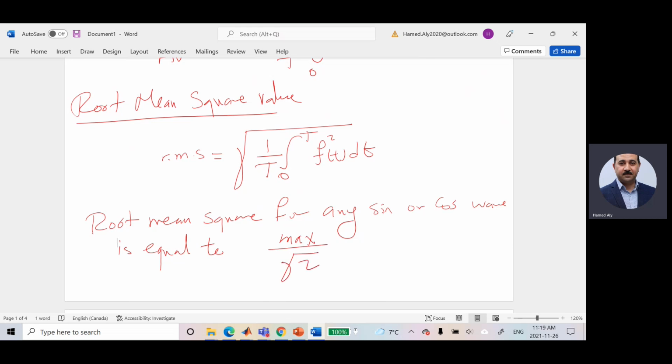This is what they found, and you can prove that if you want. If you study circuit analysis with me next term, I'll repeat that and show you how to find it. I can show you an example next class if you want. But right now, I would like you to know that the root mean square is equal to the maximum divided by root 2.